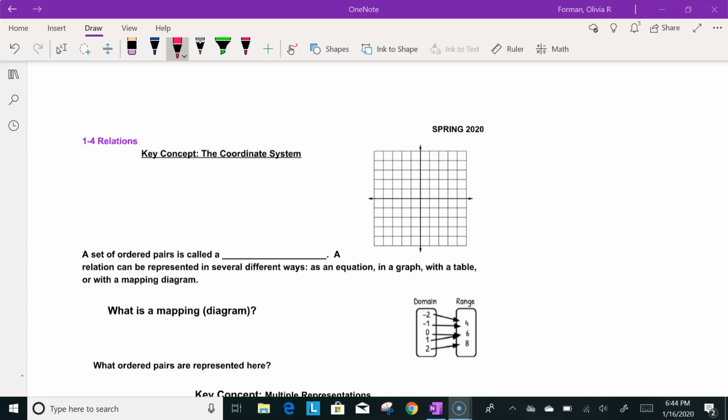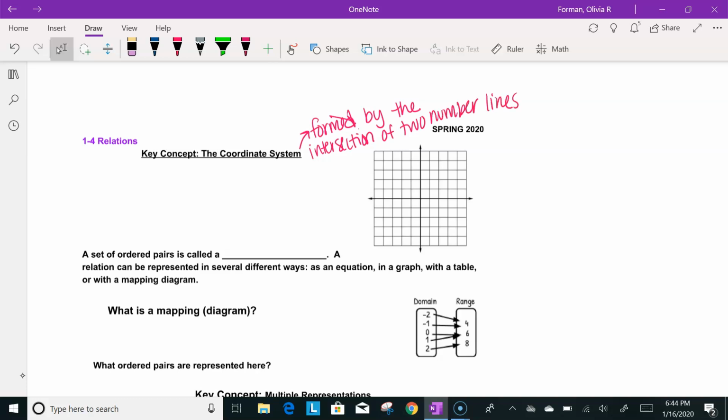We're going to be starting at 1-4, which is over relations today. So 1-4 relations starts off talking about the coordinate system. The coordinate system is formed by the intersection of two number lines.